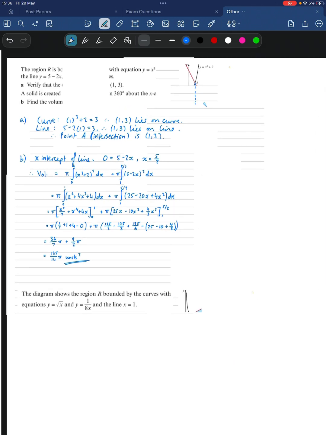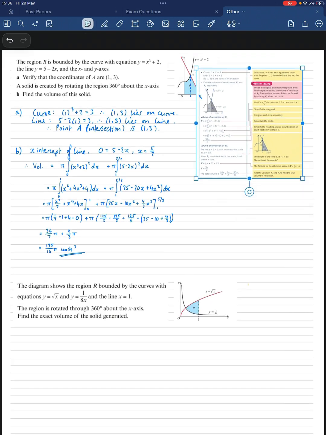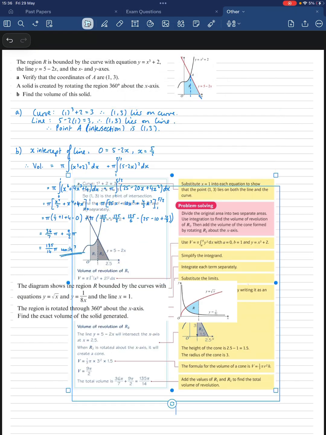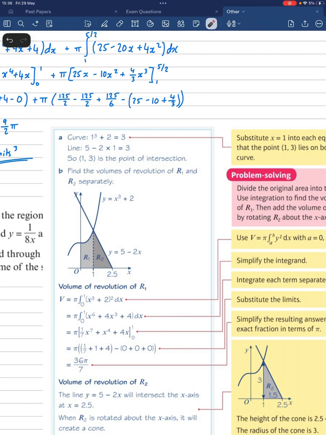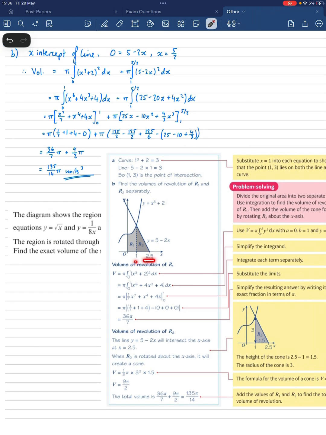Alright, so if we check the answer now. Part A they verified like we did, and then part B they did the same thing, so they split it into R1 and R2. They found this is 2.5, this is 1, calculated this integral for 36 pi by 7, which we got, and then here they just did the volume of a cone.